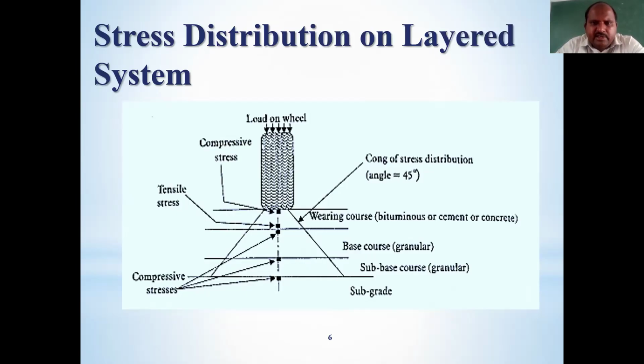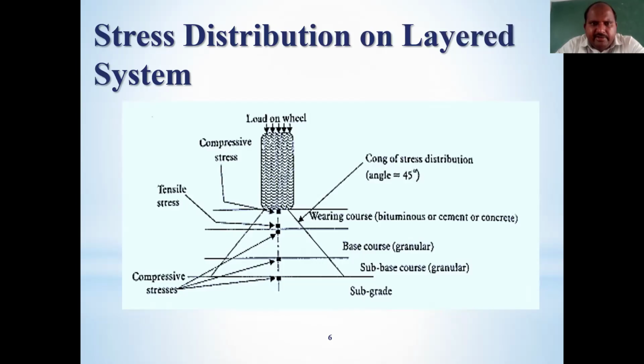The final one is the wearing course, that is bituminous or cement concrete, based on the type of pavement. And also, in a pavement structure, the vehicle weight will act as the load, that is the wheel load.